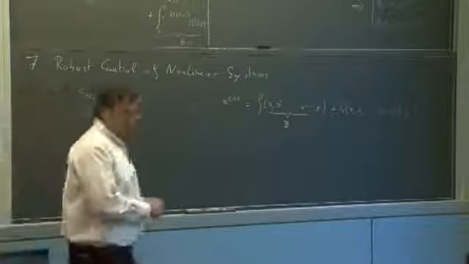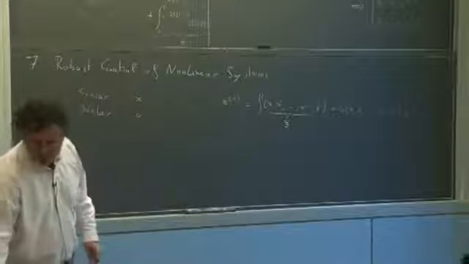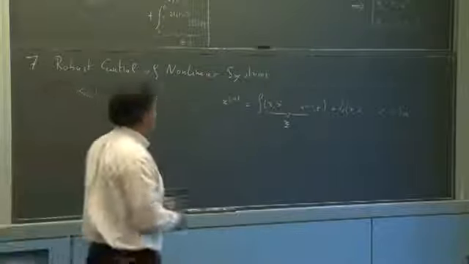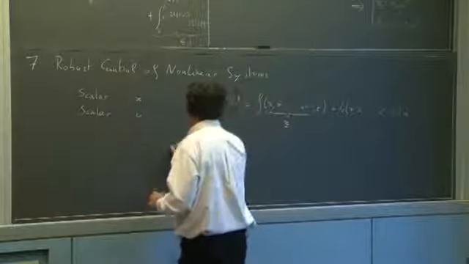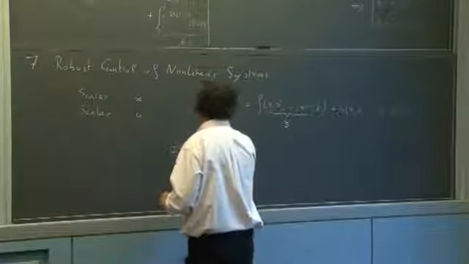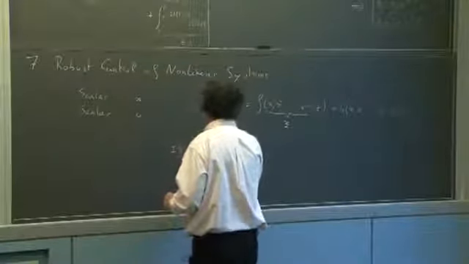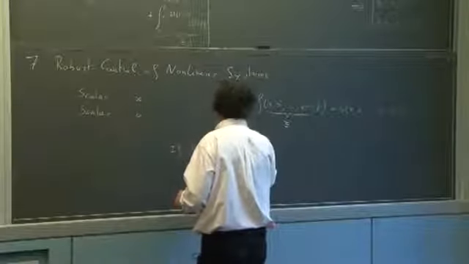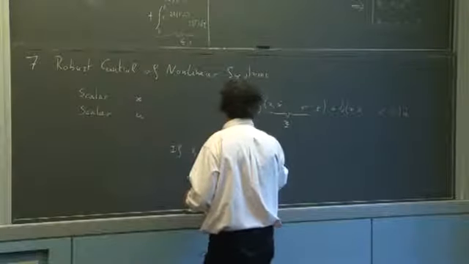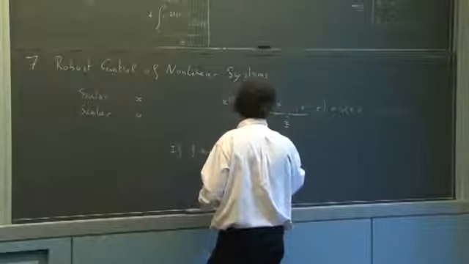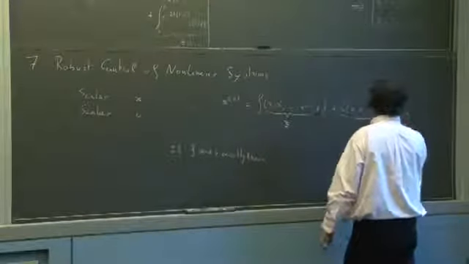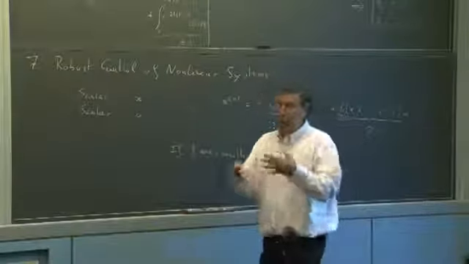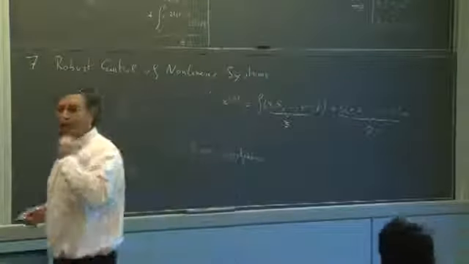And why am I calling this robust control? Because, of course, if F and B were exactly known, and let's assume that B is strictly positive, so we know at least in which direction we're pushing.